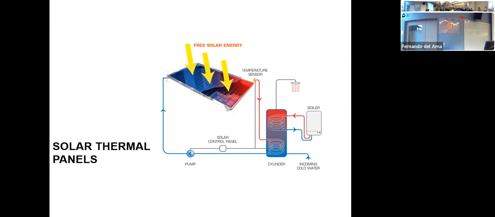But the temperature in the tank is not the same everywhere. The hottest temperature is always at the top, and from this top connection, we get the domestic hot water. And then at some points, we have other temperatures, and we get the temperature that we need for the radiant floor, radiator, or whatever.